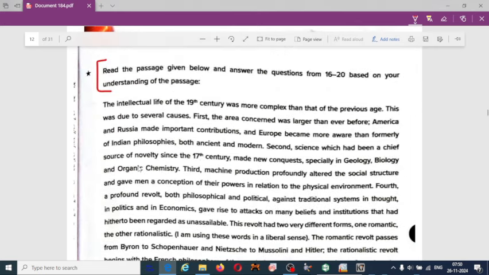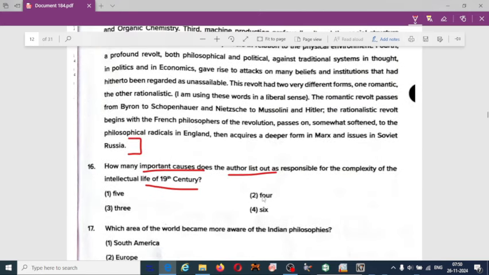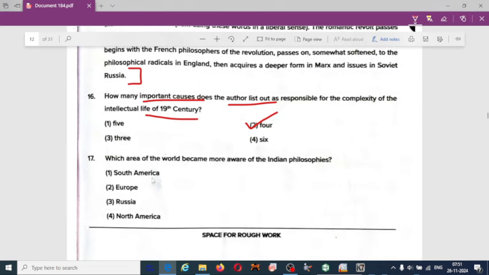If you read this passage carefully, you will come across how many important causes there are. So four causes are there. Option 2 is correct. Which area of the world became more aware of Indian philosophers? Europe. Option 2 is correct here.